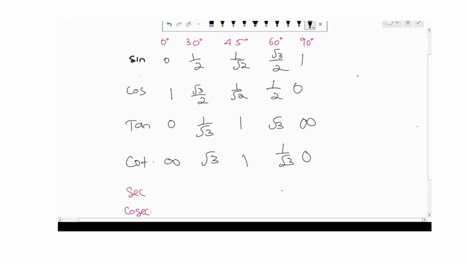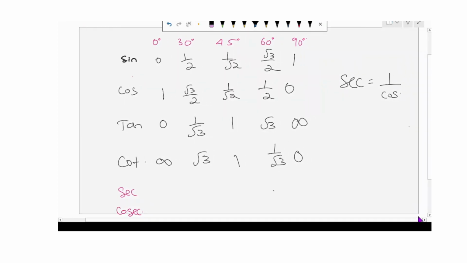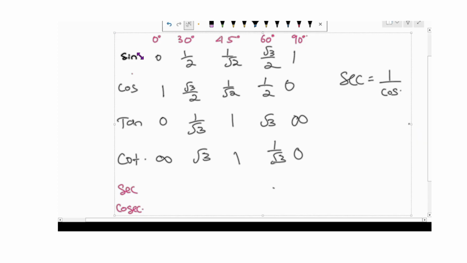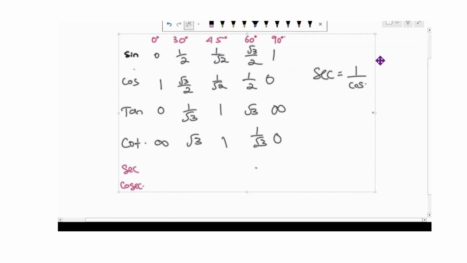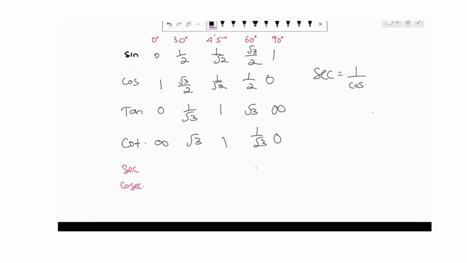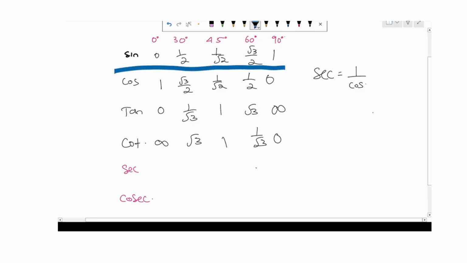Now let's find sec. As I told you all, secant is nothing but 1 divided by cos, the reciprocal of cos. Look here, just focus on cos value.